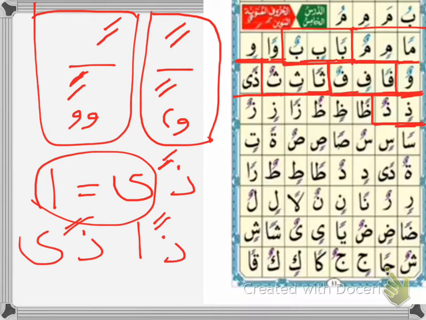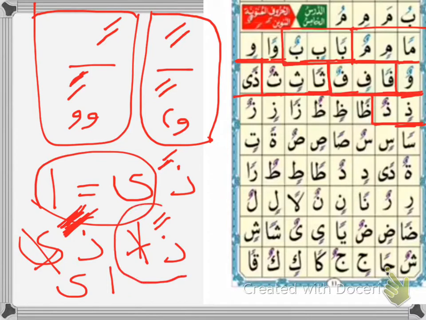Both of them are then. We do not pronounce this or this one. We just have it after the ذال تنوين الفتح. After تنوين الفتح, we have this ألف or this ألف. We do not pronounce it. We just say then over here or then over here.